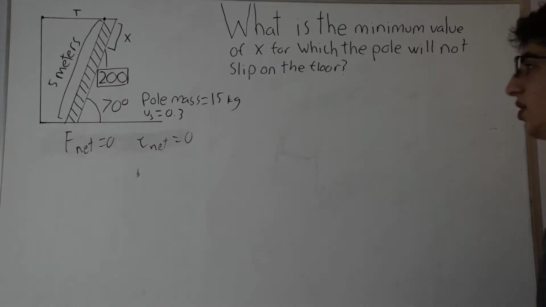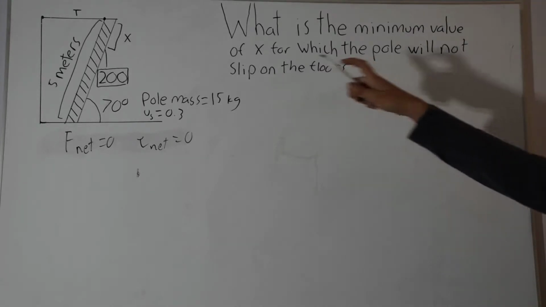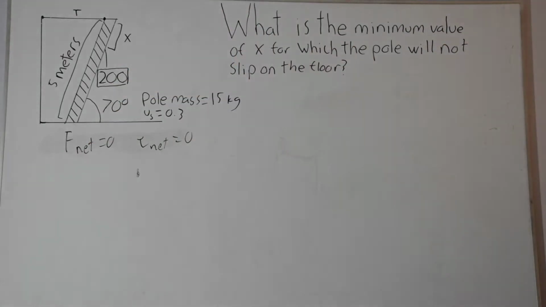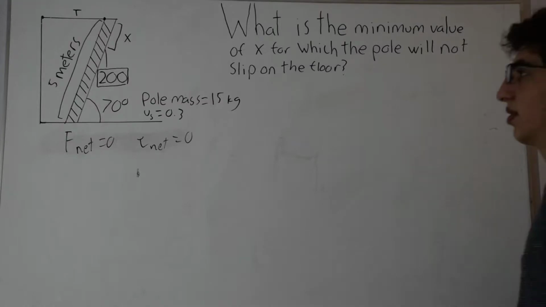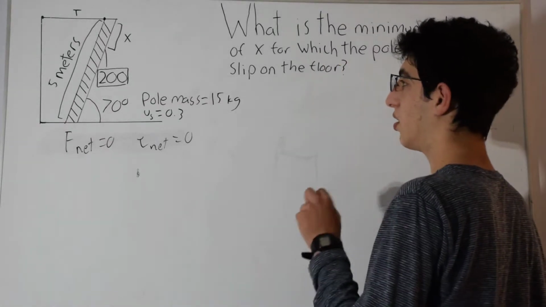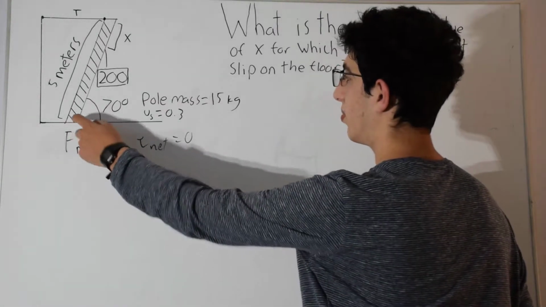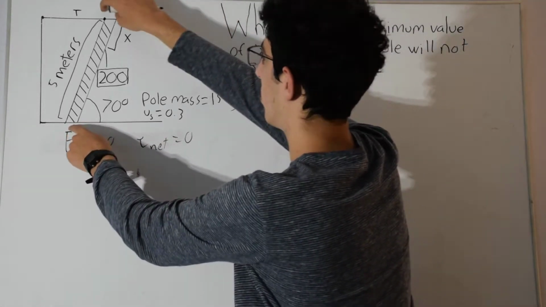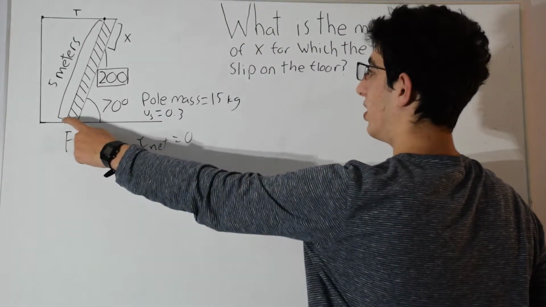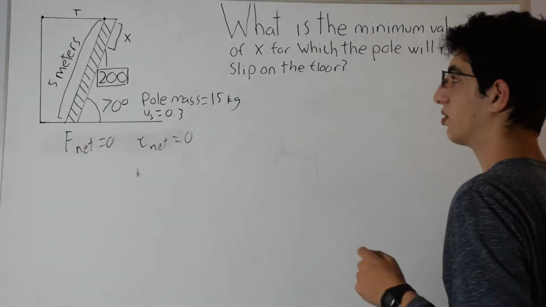And one thing about this torque concept is that you can calculate torque over any point on the pole, because we know that the pole is not rotating in any direction, and the torque over any point that you calculate must be equal to 0. So let me try to explain that a bit better. I could calculate the torque over this point on the pole, and because the pole is not falling down this way or going around that way, we know that the torque over this point must be equal to 0.